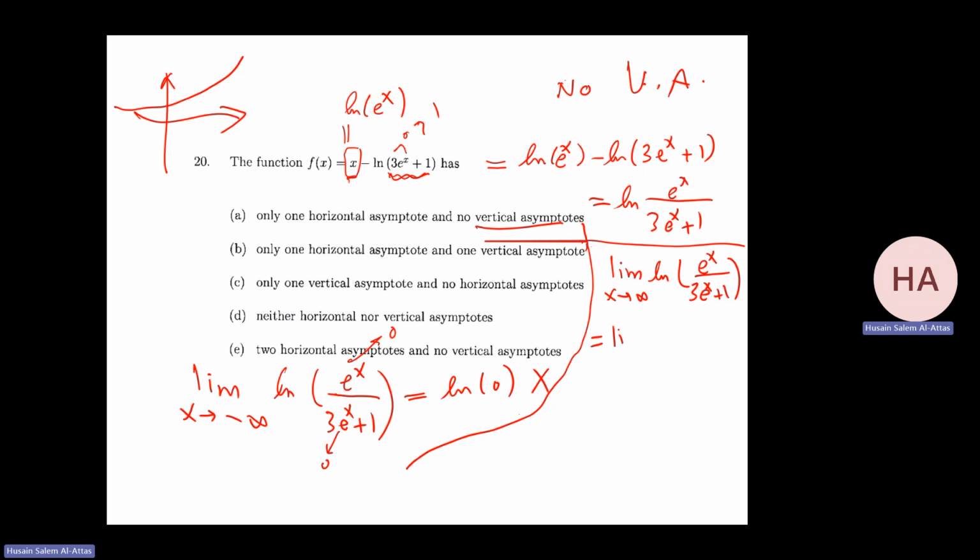I can take in the denominator e to the power x as a common factor. I have 3 plus e to the minus x. Because I can deal with e to the minus x easily as x goes to infinity, because it will become 0. And these things cancel. So you have the limit as x goes to infinity of ln of 1 over 3 plus e to the minus x.